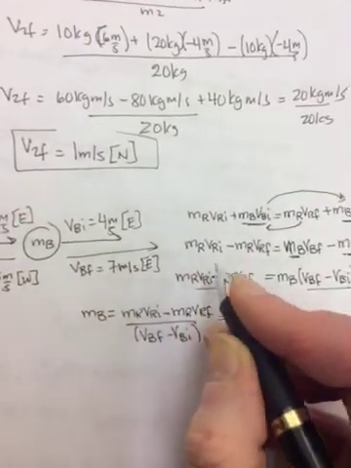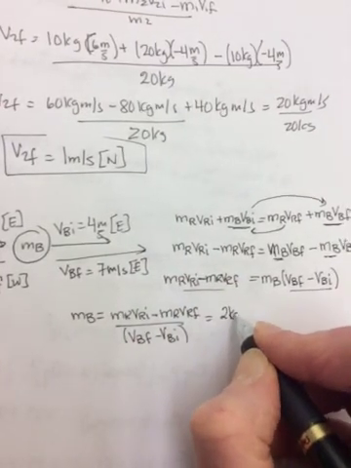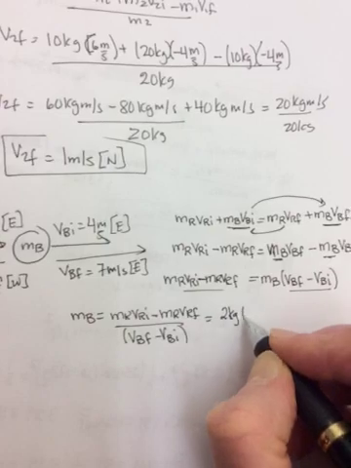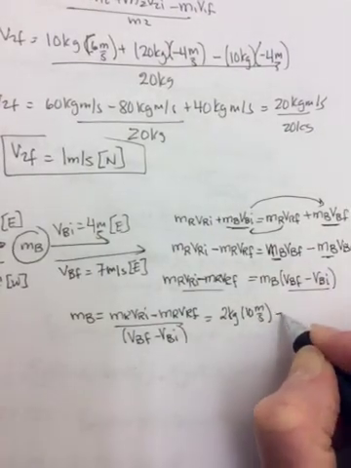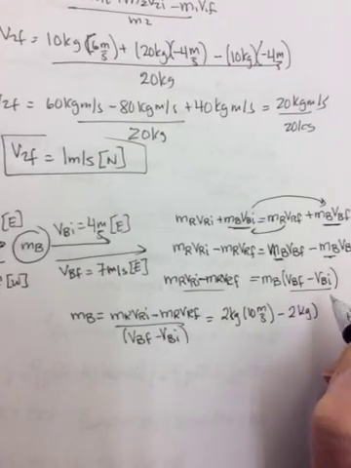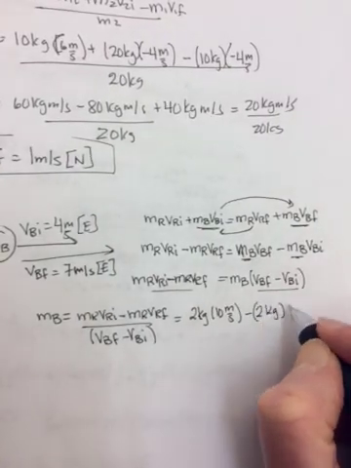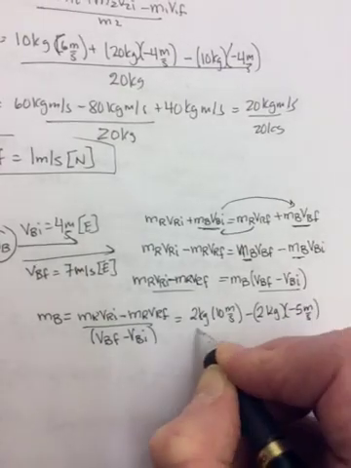Filling in our numbers, the mass of the red ball was 2 kilograms. It was initially going 10 meters per second east, and we'll call east positive, minus 2 kilograms, and its final velocity was 5 meters per second west, so this will be negative 5 meters per second.